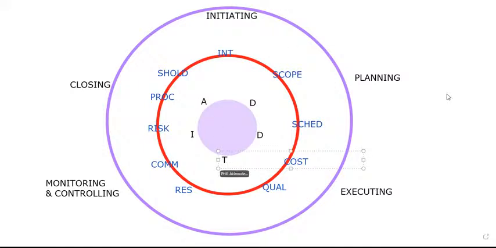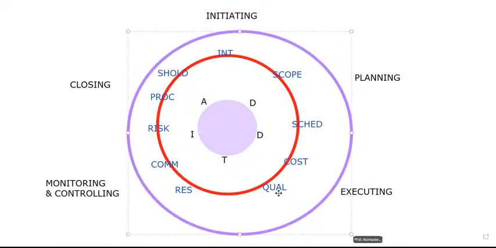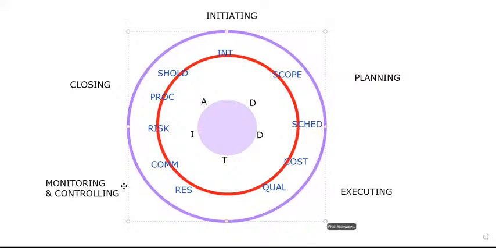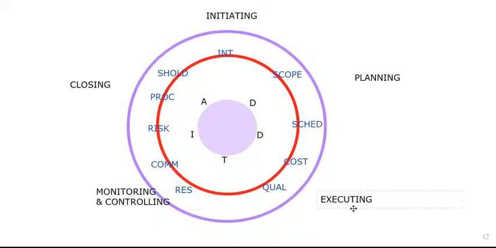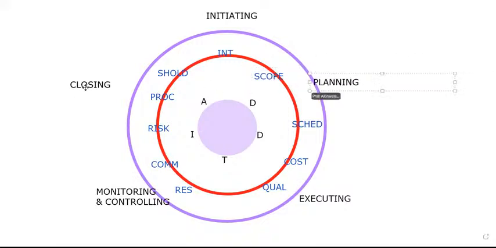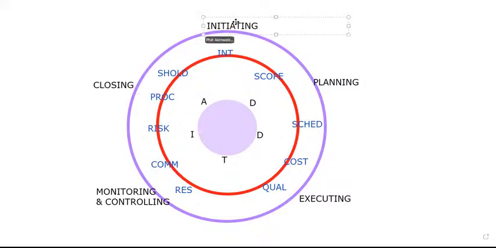Okay, now, with all of this said, when you get a question on the exam, this nucleus is going to shrink and something else is going to take precedence. So we're going to shrink down the 5 process groups because the exam is not about the 5 process groups. The exam is about a higher order, a higher level of awareness and thinking.